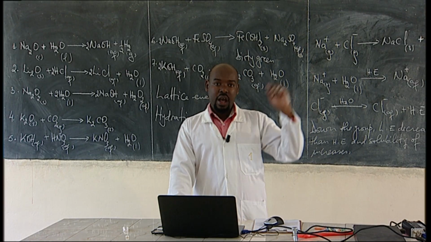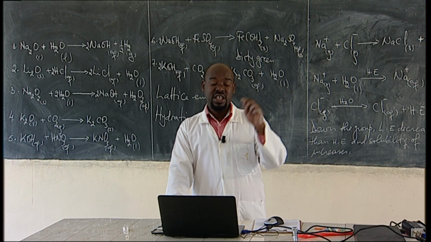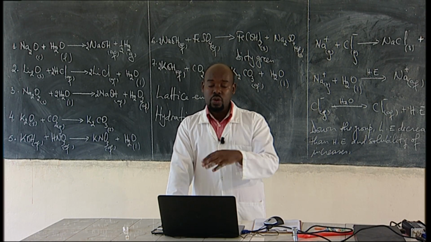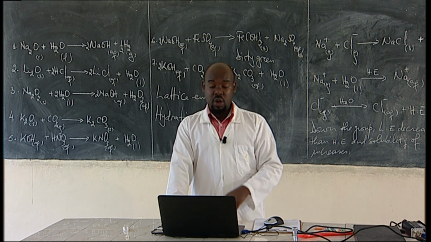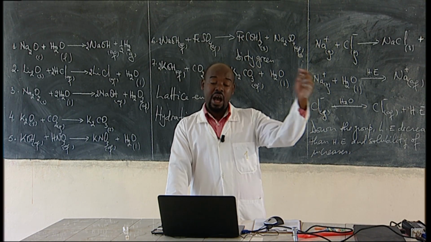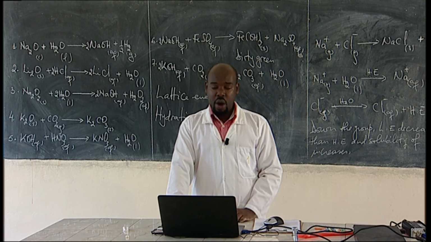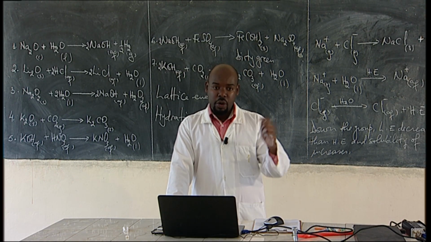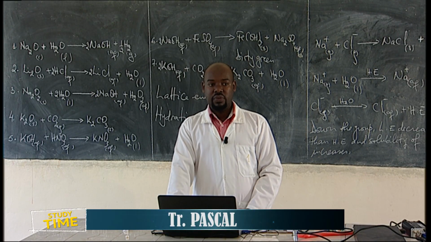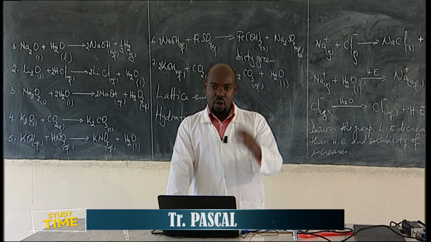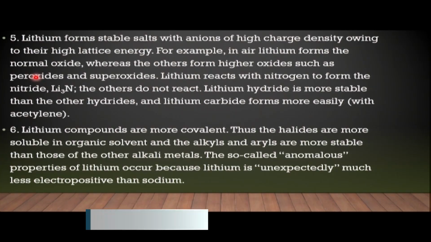So in the other lessons to come, we will see that it is more related to group 2 elements, which have smaller sizes, than to its group 1 members. It can form complexes, and it reacts very slowly with water compared to others. So all these are the exceptions.